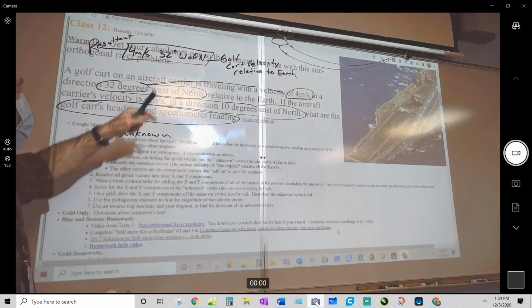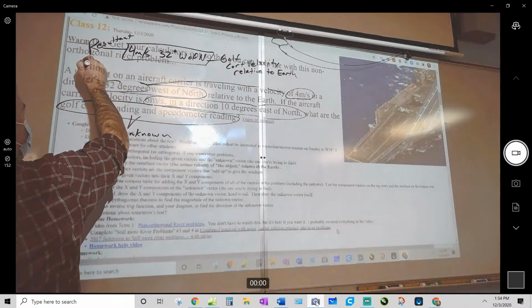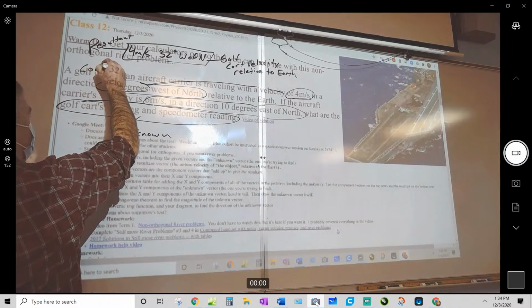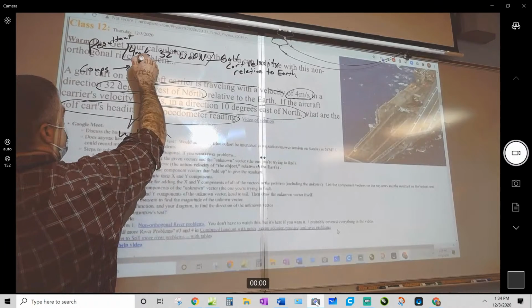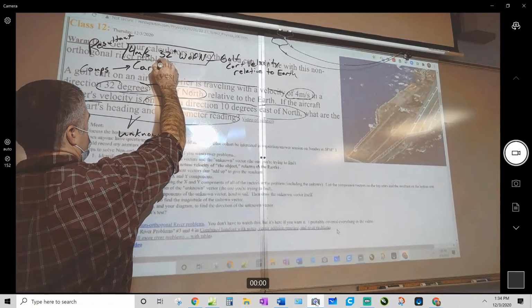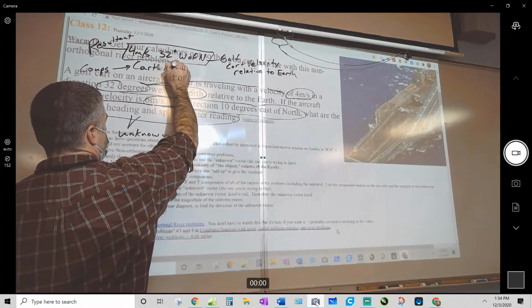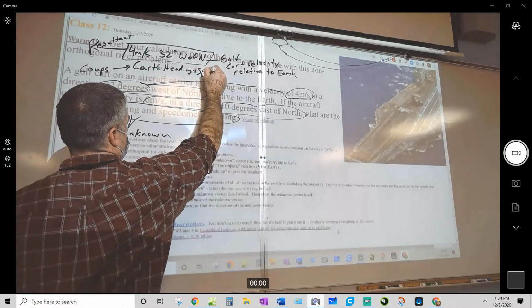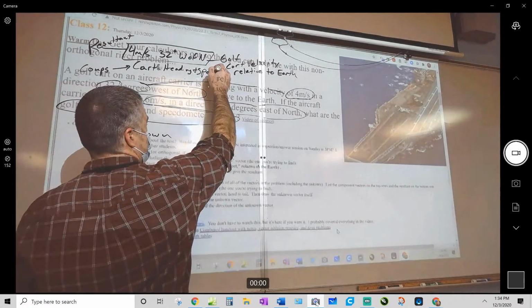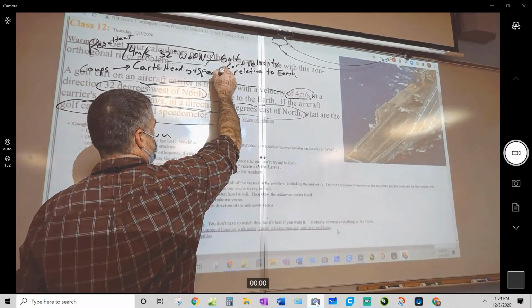So that's the resultant vector. And then the 2 components are going to be the unknown. So that's the cart heading and speed. Or it's not really the speed. I'm just going to call it the speedometer reading.